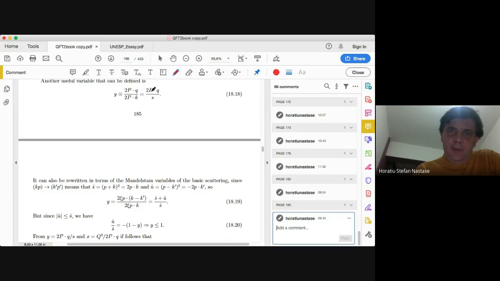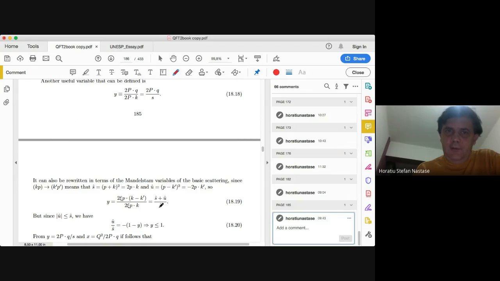In the numerator, capital P is psi times little p, and q is k minus k prime.